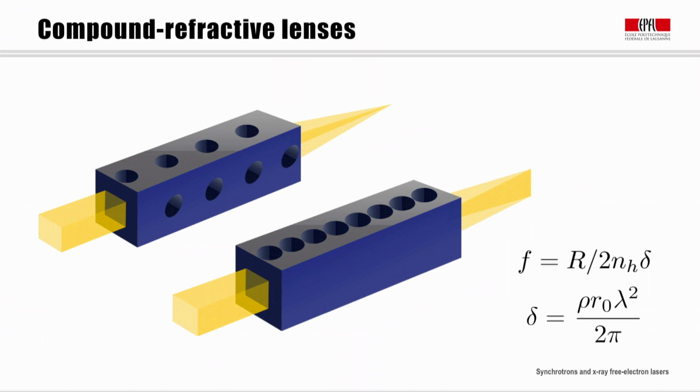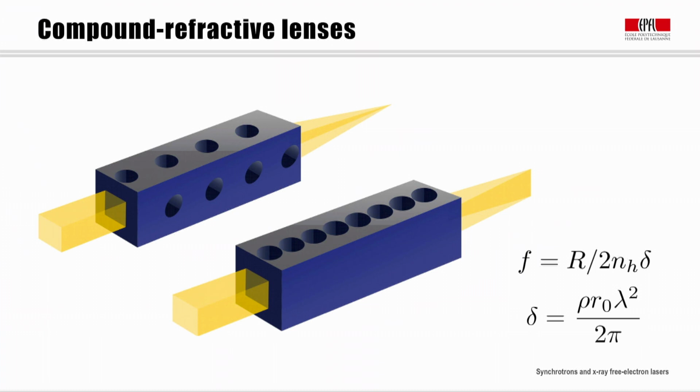This last parameter is equal to about 2 times 10 to the minus 6 for beryllium at 12 kiloelectron volts. Hence, a CRL consisting of an array of 30 200 micron diameter holes has a focal length of approximately 70 centimeters.